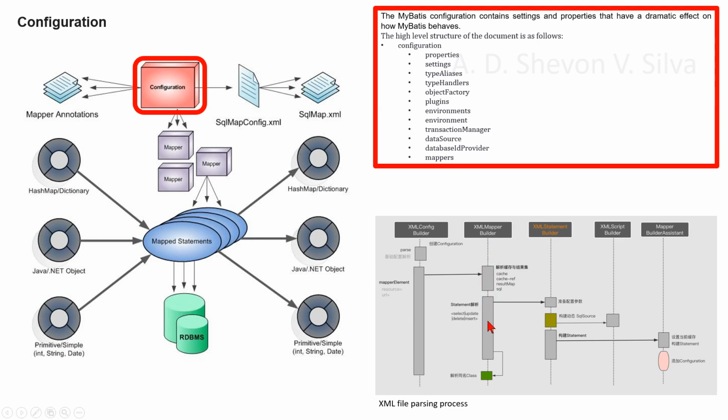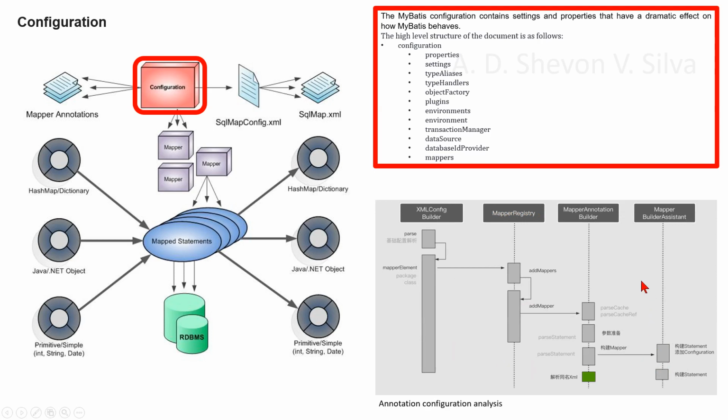And here the statement, select, update, delete, insert, is connected to a class, and here statement is connected to XML statement builder, and here SQL source is connected to XML script builder, and here statement is connected to statement in mapper builder assistant, and here it's configuration in mapper builder assistant.